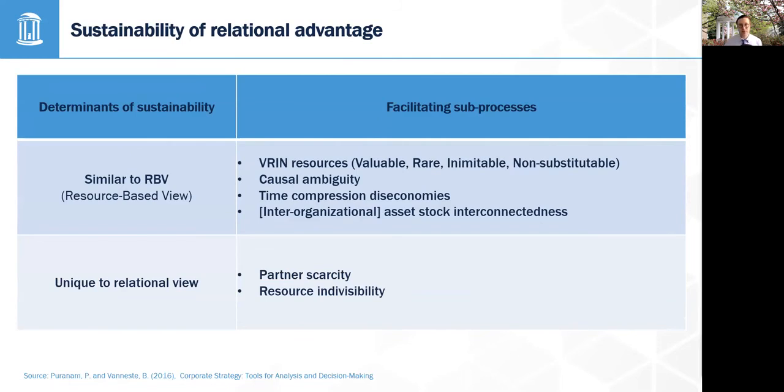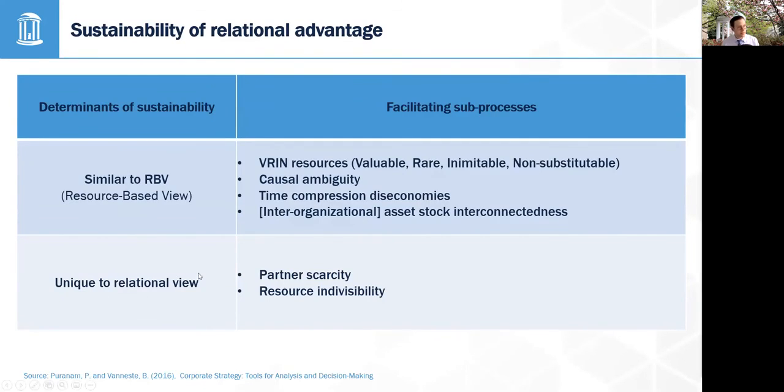So if you're using resources that are valuable, rare, inimitable, or non-substitutable, all of that can sustain this relational advantage. Also with relationships, you often have causal ambiguity and time compression diseconomies. So replicating a strong relationship between companies is difficult for outsiders to do. Similarly, you may have interorganizational complementarity between resources that increases dependence.